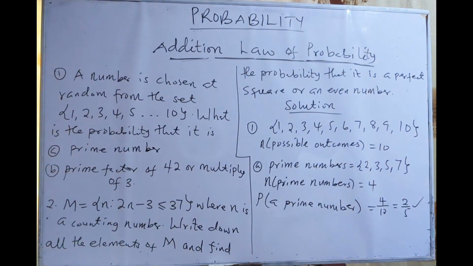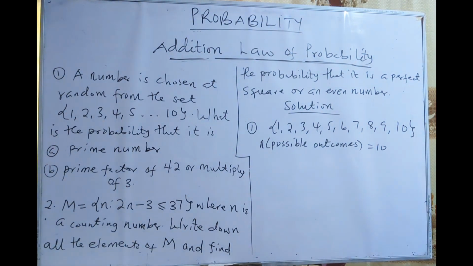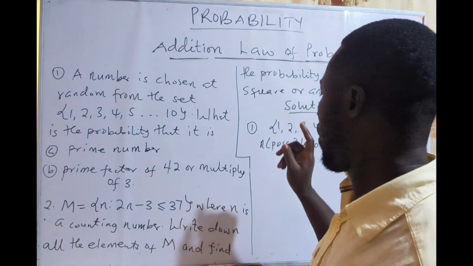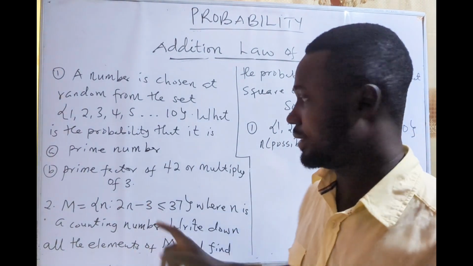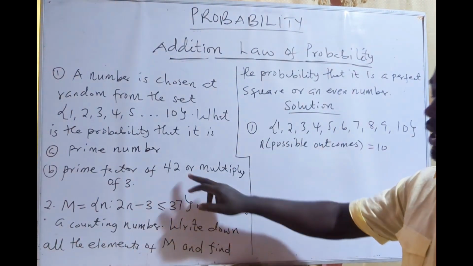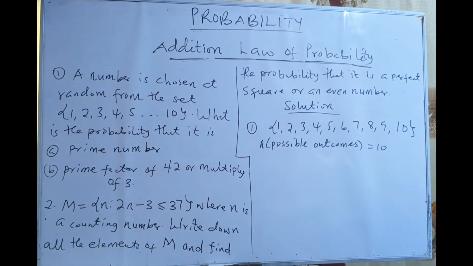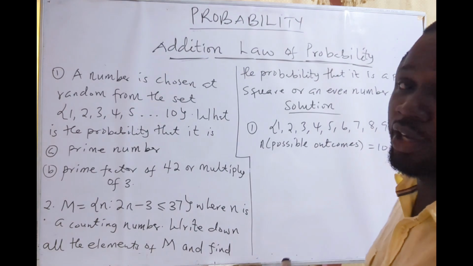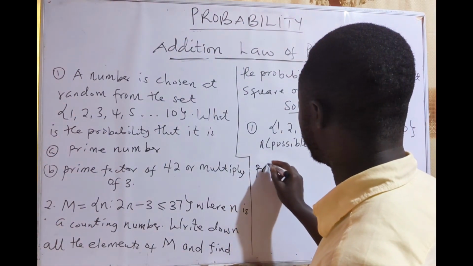Very simple. Now, let's go to the B. Prime factor of 42 or multiple of 3. So this is where we are going to apply the addition law. Prime factor of 42: we are going to look at prime factors of 42.